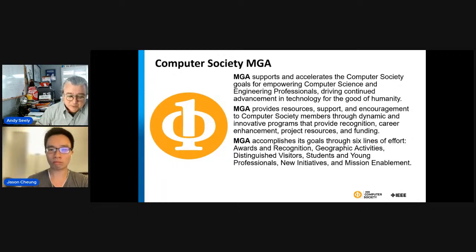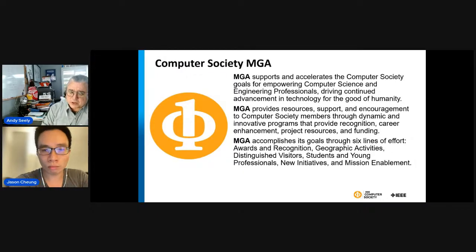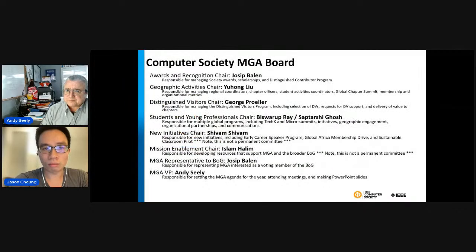In fact, some of our life members who have retired long ago are probably busier today than they were when they were still in their careers, because Computer Society keeps them active and relevant and gives them opportunities to do things. We have 6 lines of effort, which I'll talk about next.